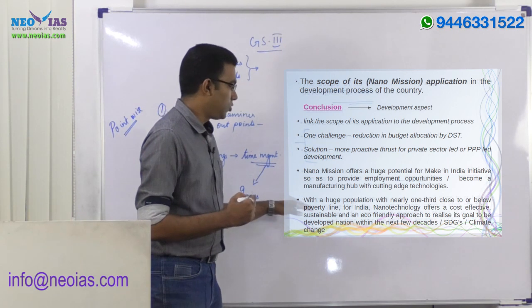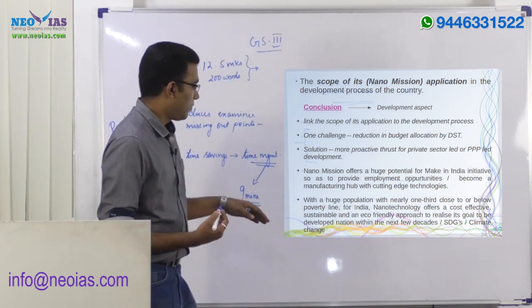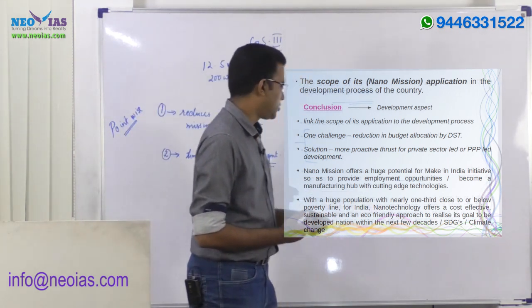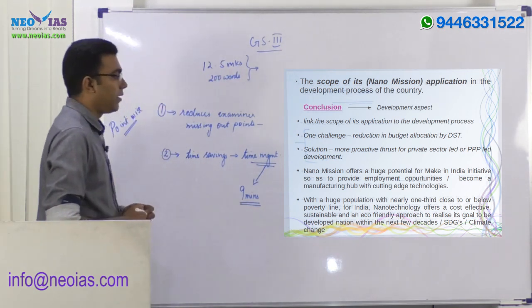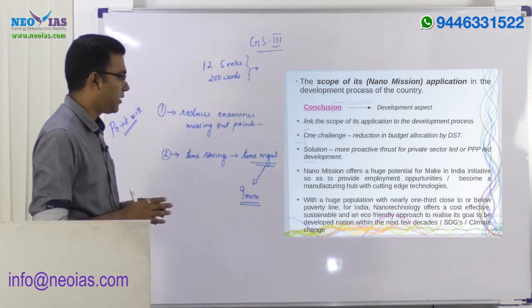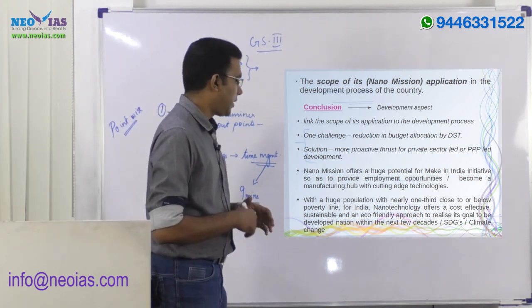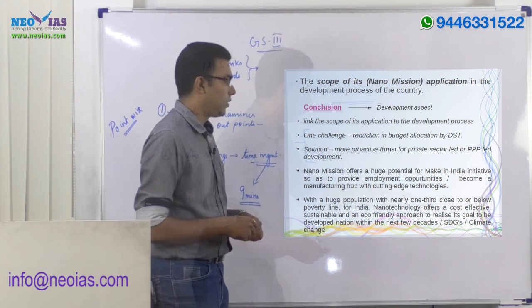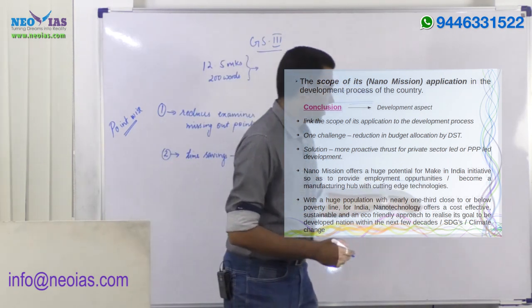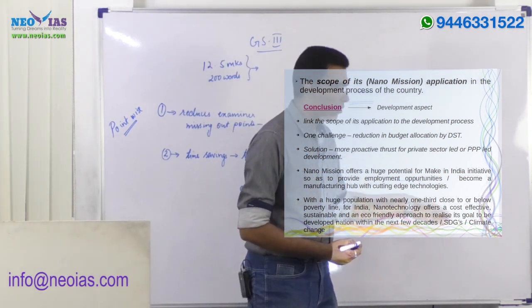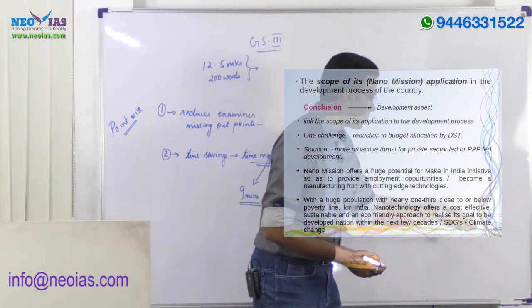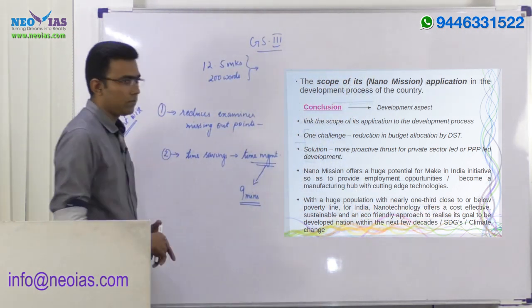So you can say that with a huge population with nearly 1/3 close to or below the poverty line, for India, nanotechnology offers a cost-effective, sustainable and eco-friendly approach to realize its goal to be a developed nation within the next few decades, or you can say to realize its goal to meet the SDGs, or to meet the climate change goals.